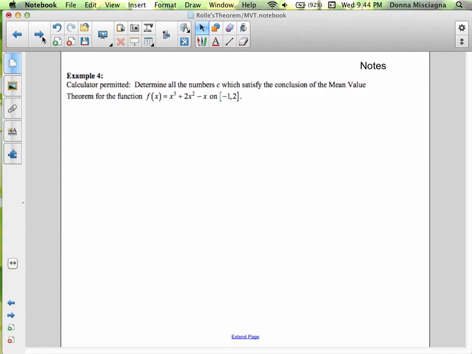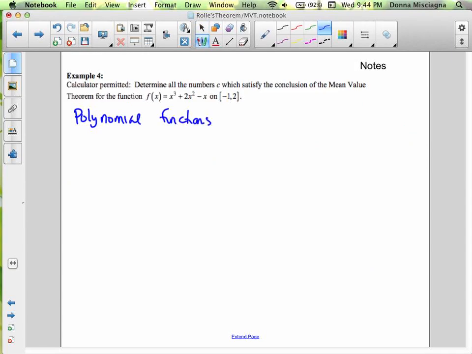All right, let's determine all the values c which satisfy the conclusion of the mean value theorem for the function. Right? So this is a polynomial function. Polynomials are continuous and differentiable everywhere. So we have satisfied the requirements for a mean value theorem.